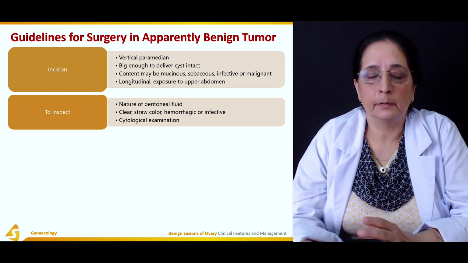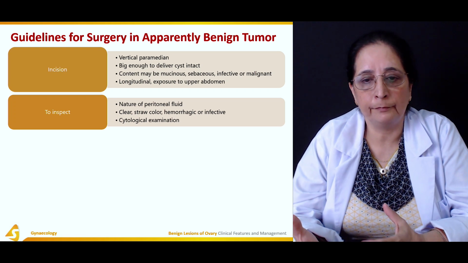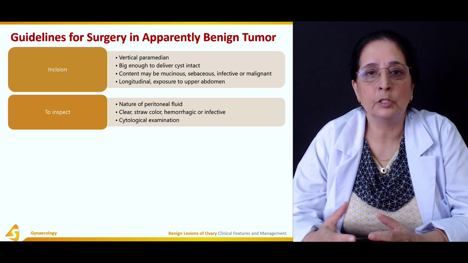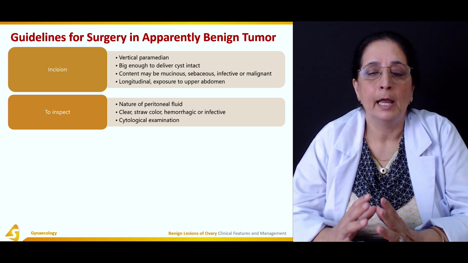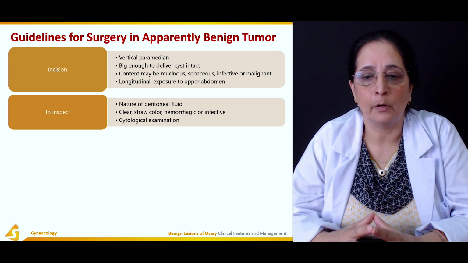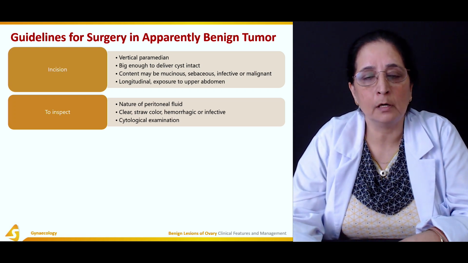Then we inspect the type of peritoneal fluid present, whether it's clear, straw colored, hemorrhagic or infective, and then cytological examination is performed to find out if it's benign or malignant.